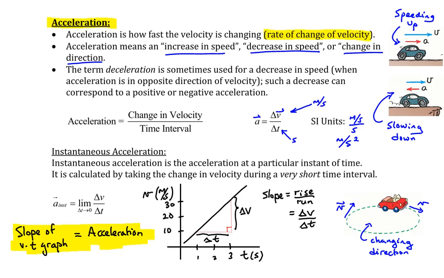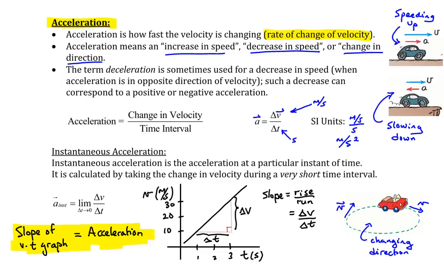As we had done with average velocity and instantaneous velocity, we gained some insight by plotting a position versus time graph. Now we're going to take a look at the differences between instantaneous acceleration and average acceleration and how they pertain to a velocity versus time graph.